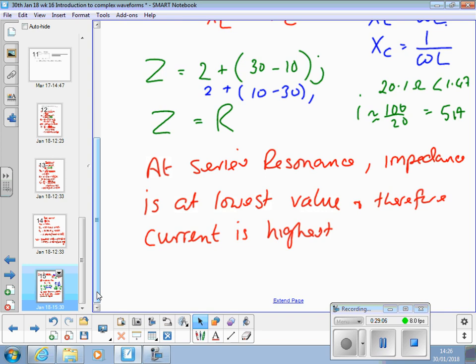Yeah, so from that 50 amps it will drop away quite quickly.